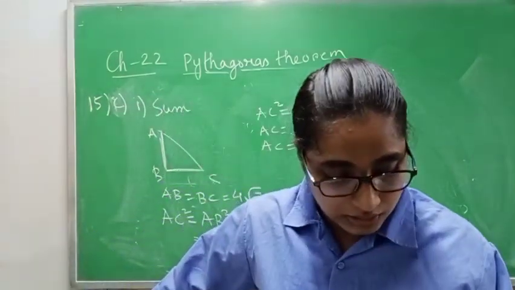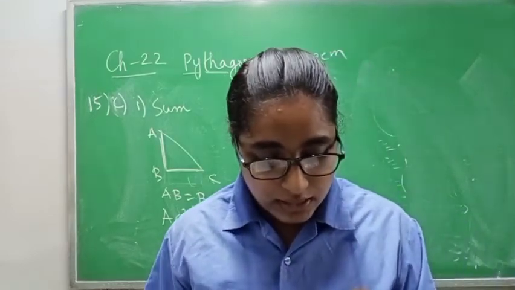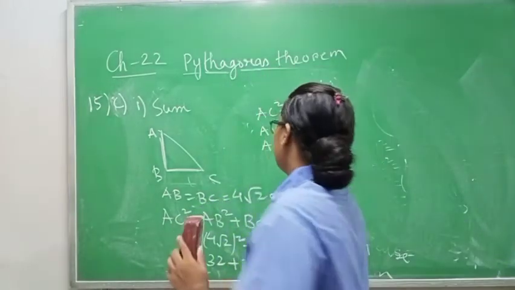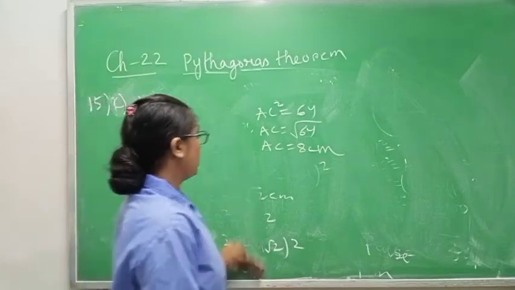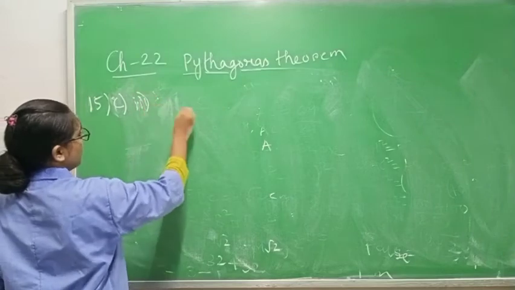Okay. C3. In a rectangular figure ABCD, the two diagonals AC and BD intersect each other at the point O. Which type of figure is this? A rectangular figure.